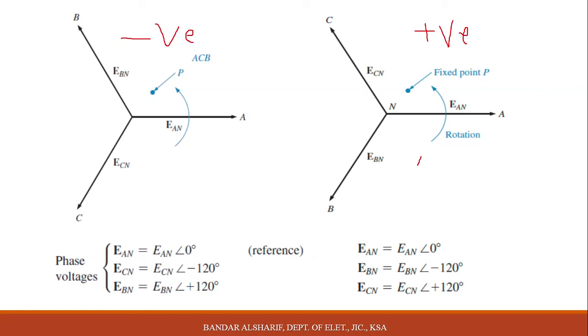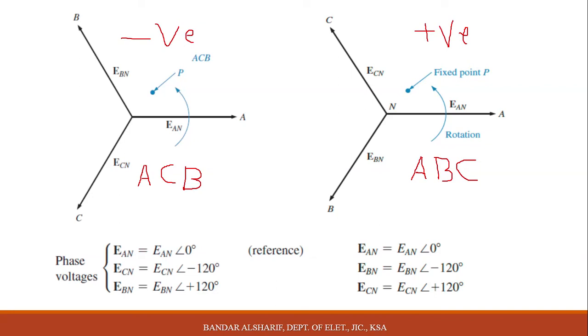This means positive sequence, called A, B, C. And here negative sequence, we change ECN and EBN. If we rotate the vectors counterclockwise, you will find EAN cuts the point first, then ECN, and finally EBN. This means A, C, B, the negative sequence.